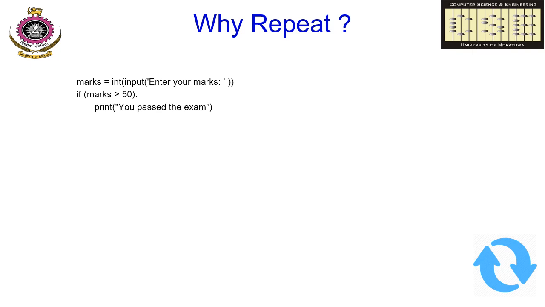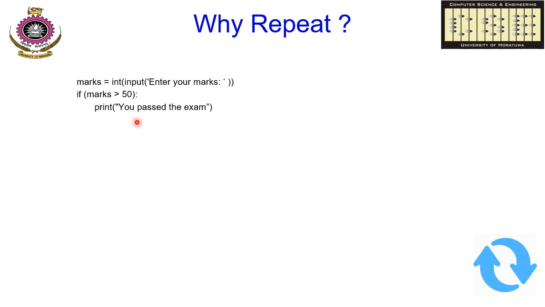That's when we need a looping structure. So let's take this example. We would like to prompt the user to enter the marks for a certain subject. It's something similar to the exercise as well.